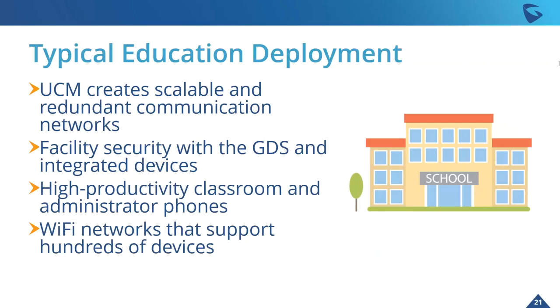High productivity classrooms and administrator phones are also a big deal here, especially as that one-to-one interaction between the teachers and the parents is becoming more and more pronounced. And of course, Wi-Fi networks that support hundreds of devices for those lecture hall type of deployments and university deployments.